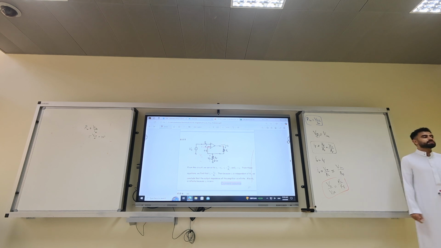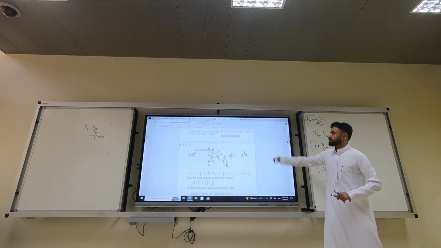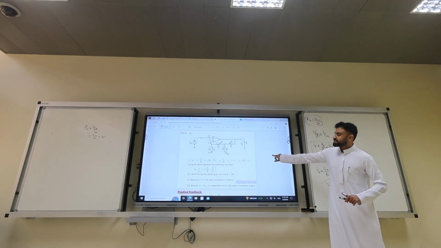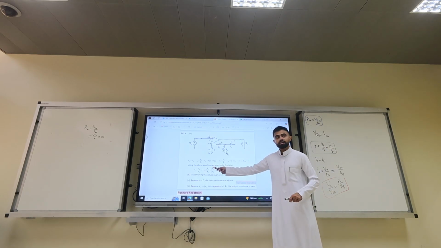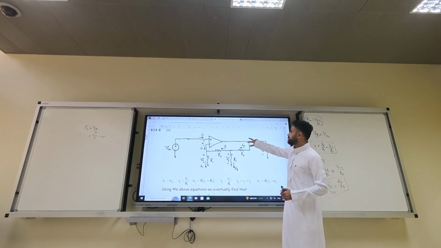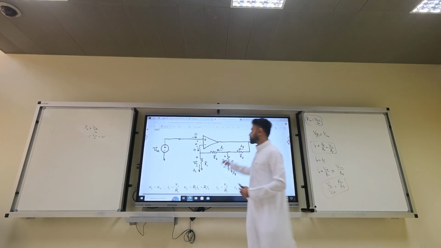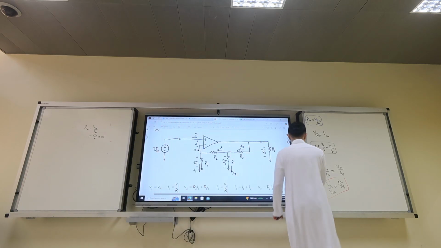Now you want to do this complicated circuit? It has a square, a multiplier, and so on. So let's try to solve this circuit. I am not going to draw it. Instead, I'm just going to try to solve it.